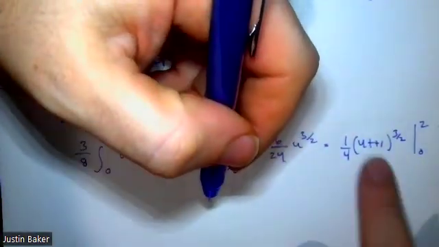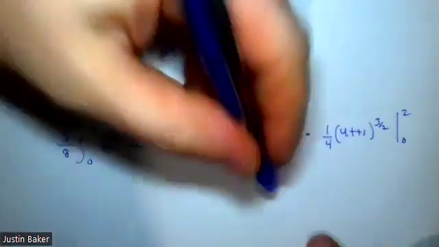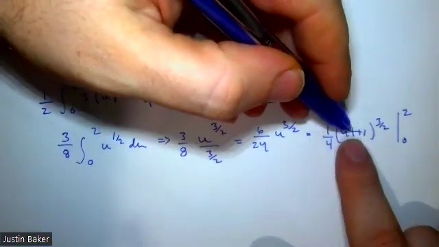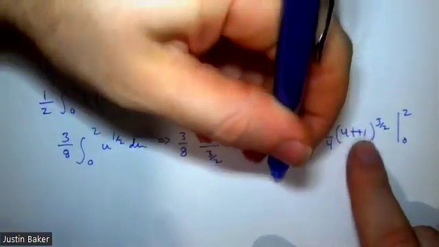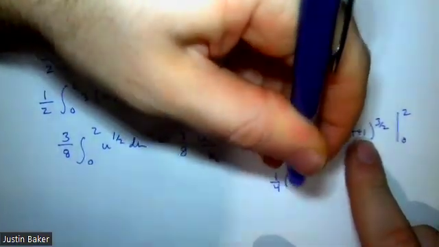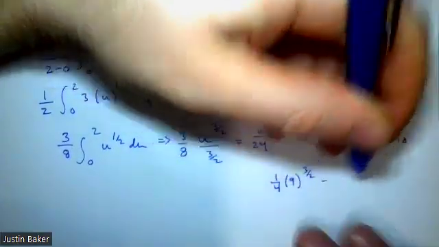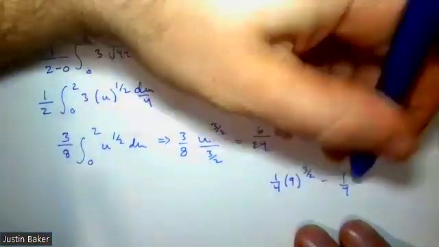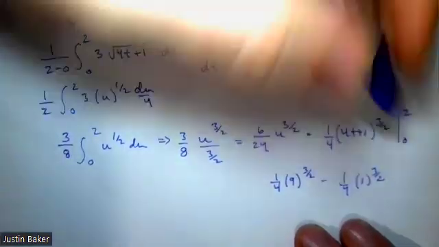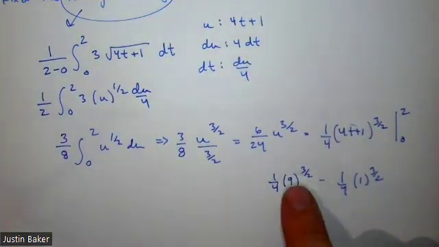So careful here because this 0 is relevant now. If we put 2 into this, that's going to be 8, and one more makes 9. So that's 9 to the 3/2. And then when we go the other way, we put 0 in, that makes 1 to the 3/2. Okay, square root of 9 is 3. 3 to the third is 27 over 4 minus 1 over 4. I'm getting 26 over 4 or 13 over 2.